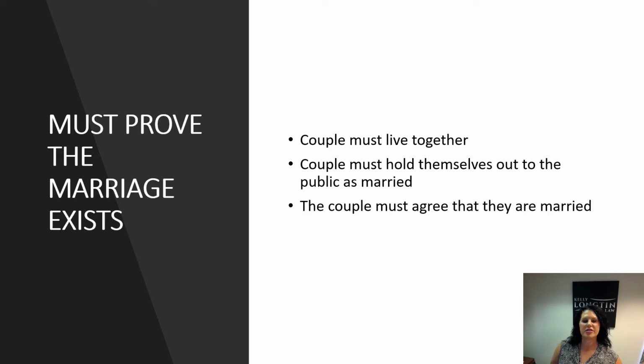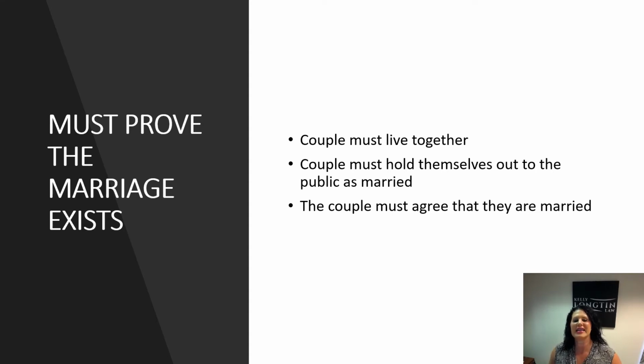The first issue that individuals may face when dealing with the concept of common law marriage is proving that a marriage exists in the first place. At the time of this video, only a few states recognize common law marriages. Examples of these states and territories are Texas, Colorado, Iowa, Kansas, Montana, and New Hampshire, which recognizes it just for inheritance purposes. Oklahoma, Rhode Island, South Carolina, Utah, and the District of Columbia also recognize it.